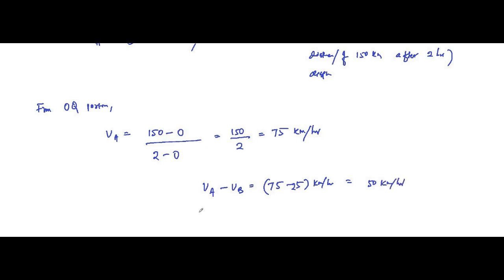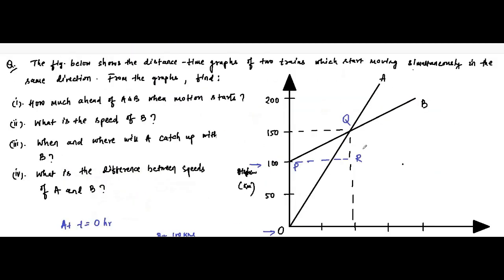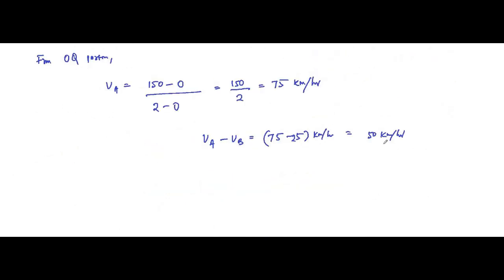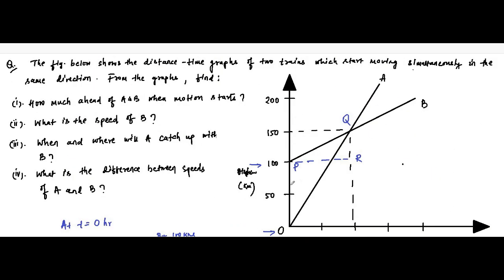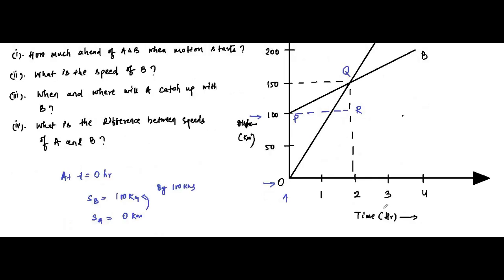That is the difference of speeds between A and B. A is traveling faster than B by 50 kilometers per hour. This is the solution. A simple basic question for interpretation of different parameters from a displacement time graph.